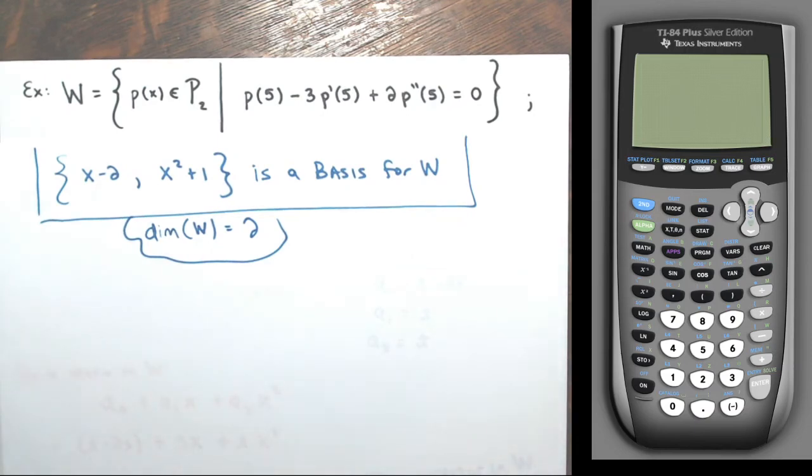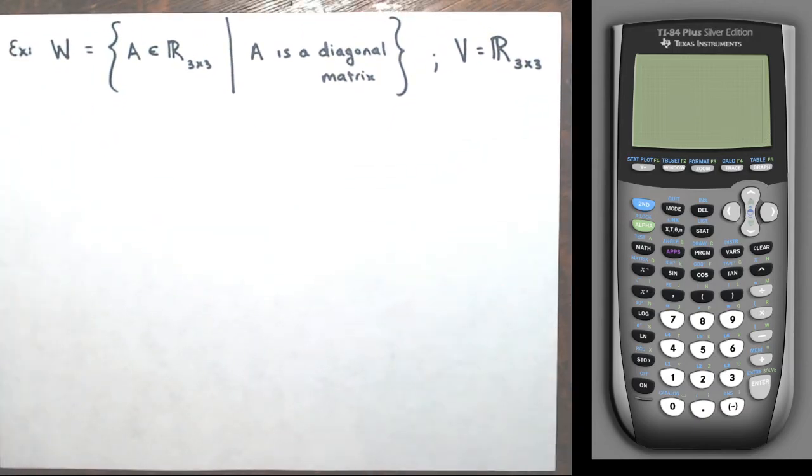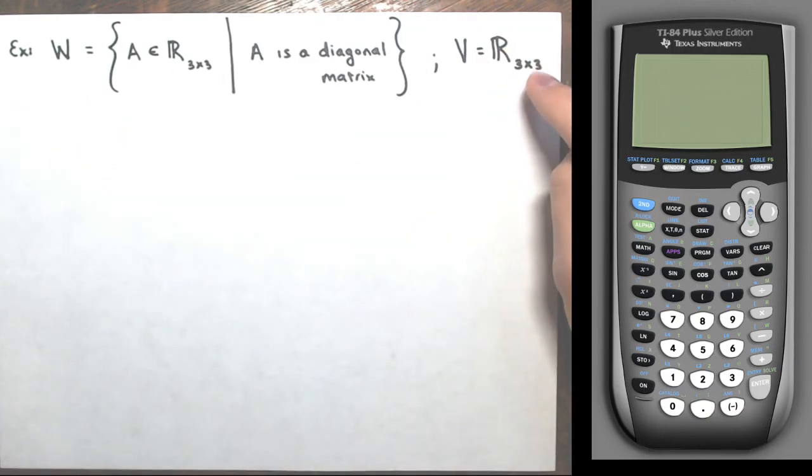All right, I have one last example involving some matrices again. So here the vector space at large this time is the set of 3 by 3 matrices.